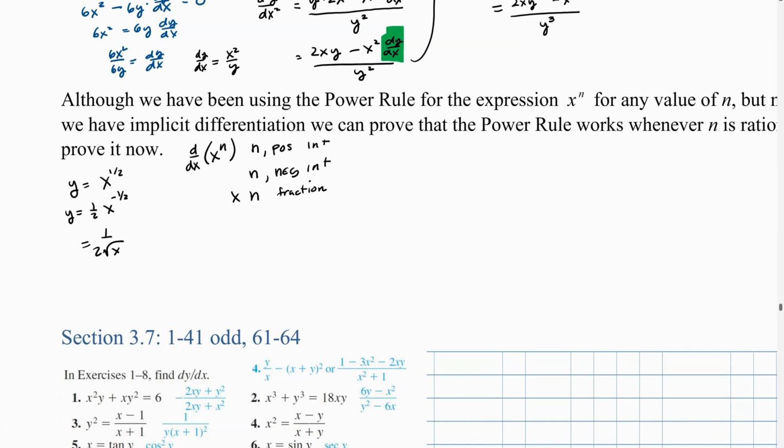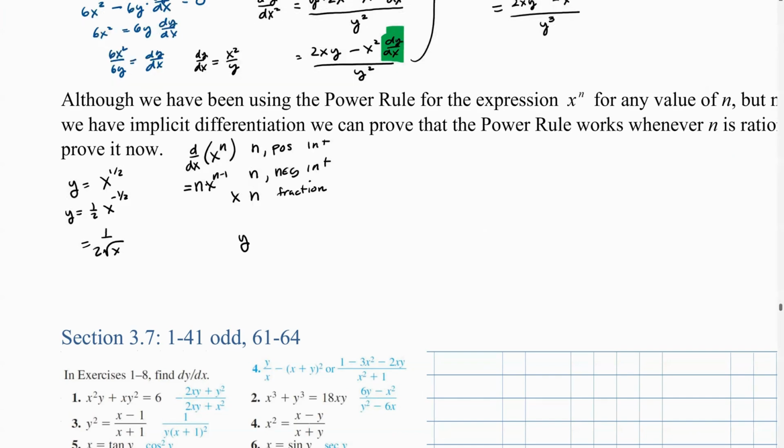Well, we can now do this proof that this derivative is equal to n x to the n minus 1, regardless whether it's positive, negative, or a fraction. We can now prove it because we have this new tool called implicit differentiation. Here's how the proof goes.